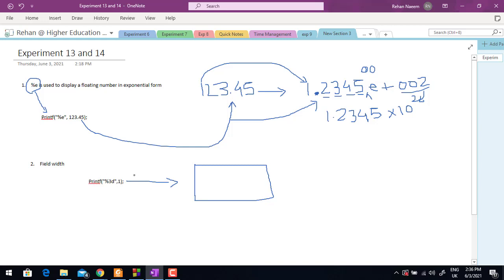It will allocate 3 spaces for 1. It will allocate 3 white spaces, 1, 2 and 3. So 3 spaces will be allocated and 1 will be displayed at the last space. 1 will be displayed in the last space of the 3 spaces.